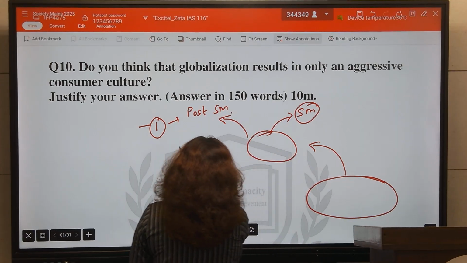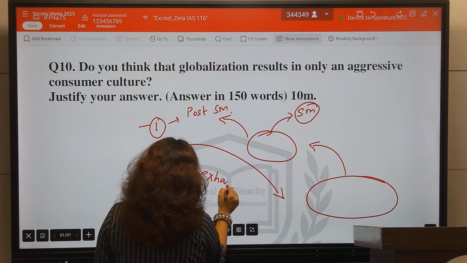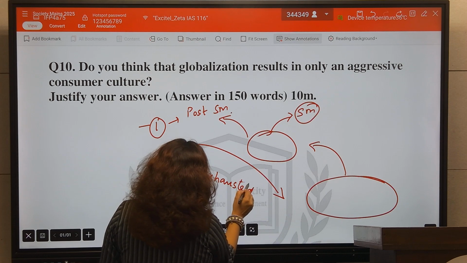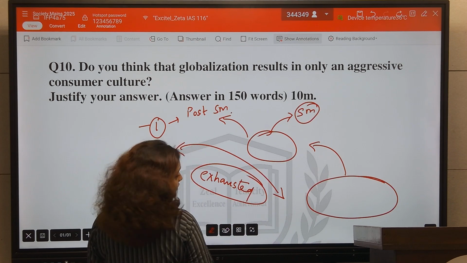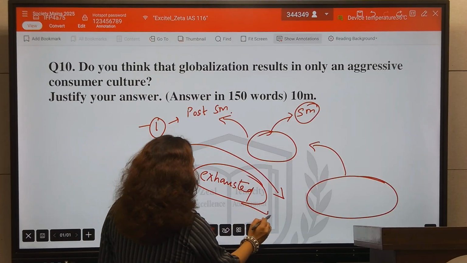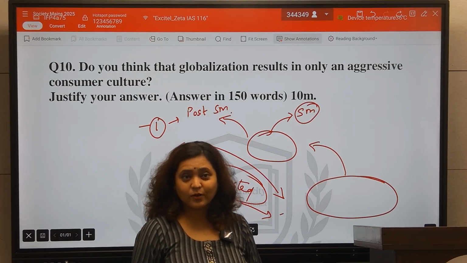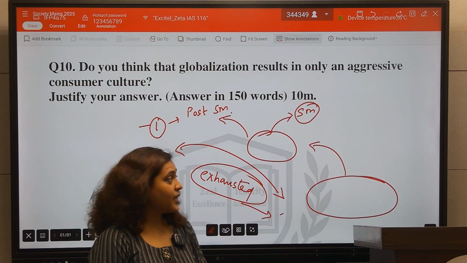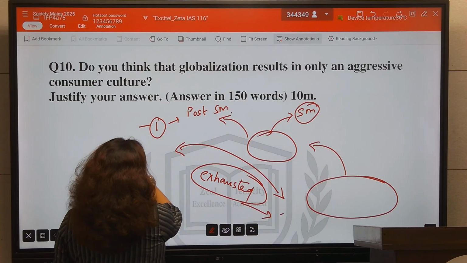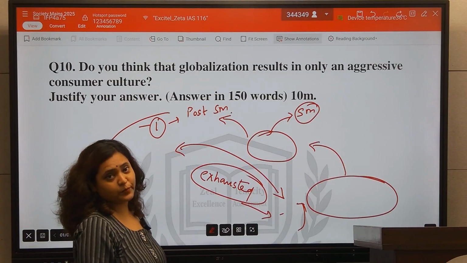This cycle continues till people have exhausted all their money, and this is what the elites wanted. This is where the difference would come, because they will still be able to buy houses and other things. And this is also what results in aggressive consumer behavior.